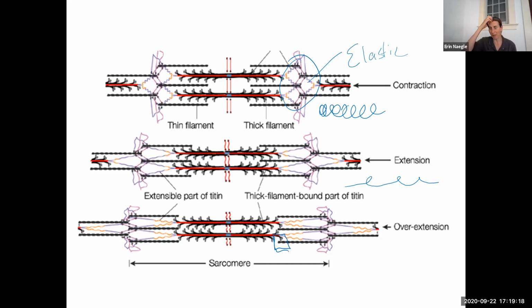There's barely any overlap between your myosin and your actin, and your muscles are going to have a really hard time contracting, which is why you have some pain sensors that let your body know if you are overstretching a muscle. You can actually snap some of that stuff, and then you have to repair it. And that's all work. And your body's not really into that, so I'd rather not have to repair the work. So stop it. When it's overextended, that titin gets pulled too far. Myosin and actin no longer overlapping. Repairs have to be made.